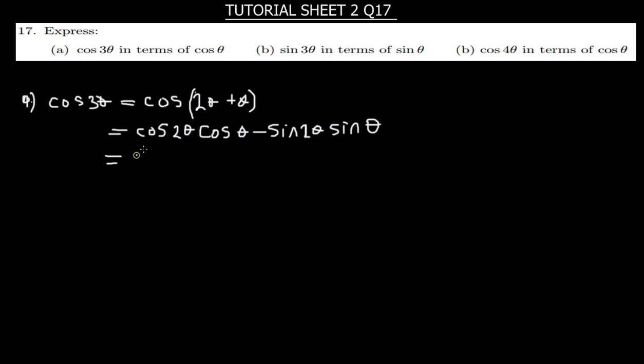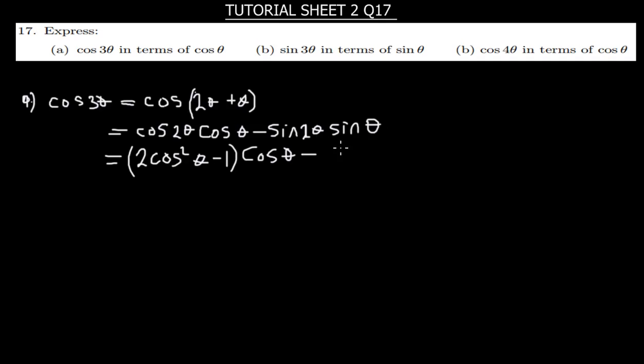So I'm going to put 2 cos squared theta minus 1, everything in brackets, and then multiply by cos theta, like that, and then minus sin 2 theta.